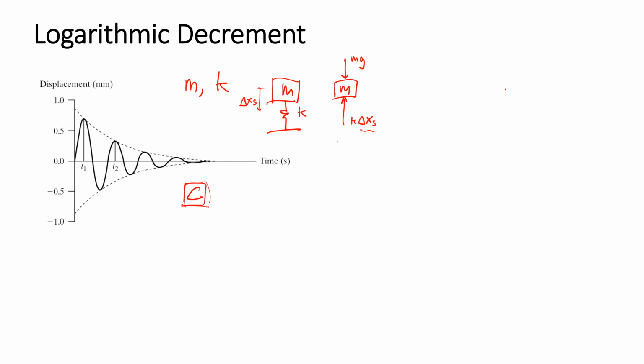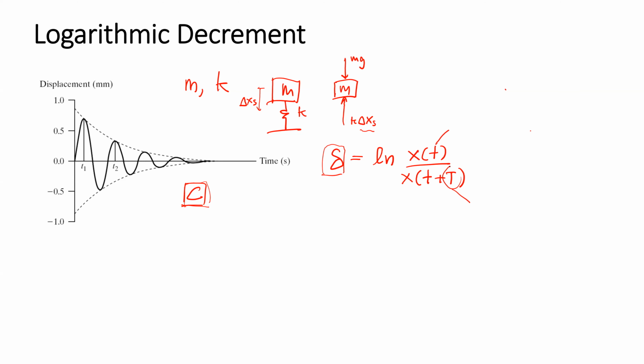So the equation, okay, let me write down this equation first. Okay, the logarithmic decrement is equal to log of the displacement at time t divided by another displacement when the time is t plus the period of vibration.